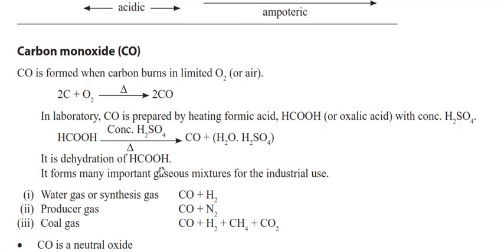It forms many important gaseous mixtures which are used in industry. A mixture of CO plus H2 is known as water gas or synthesis gas, which is used for synthesis in industry. Similarly, a mixture of CO and nitrogen is known as producer gas, and a mixture of CO, H2, methane and carbon dioxide is known as coal gas in industry.